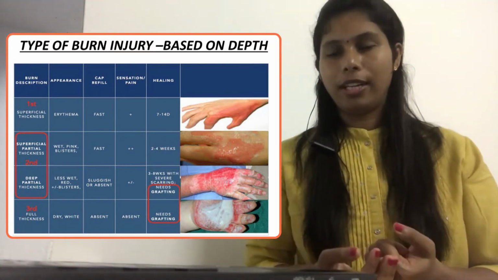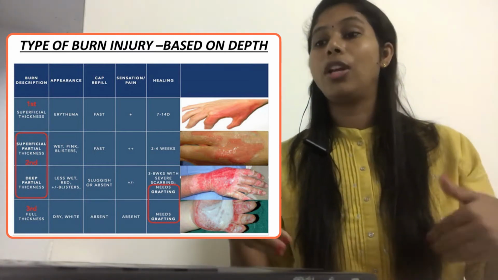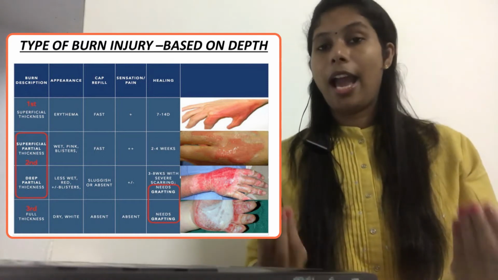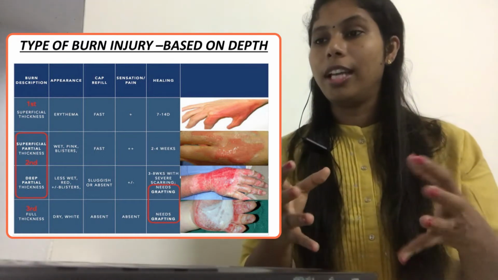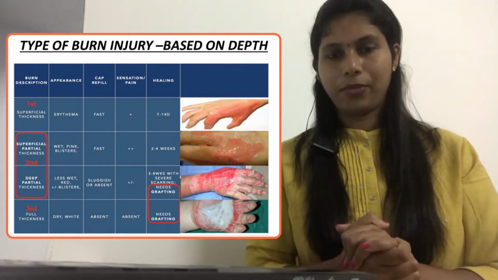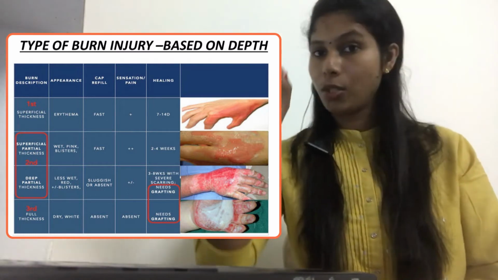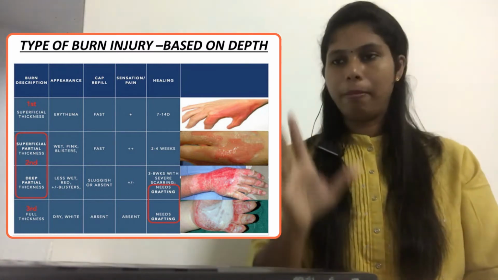Then how long will it take? Usually around 3 to 6 weeks or 3 to 8 weeks, and if it is severe, it requires grafting for complete healing. That is one added or special point in deep partial thickness of second degree burns.